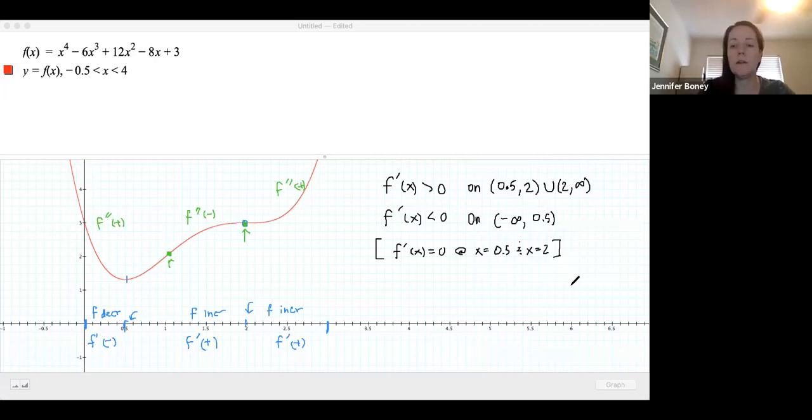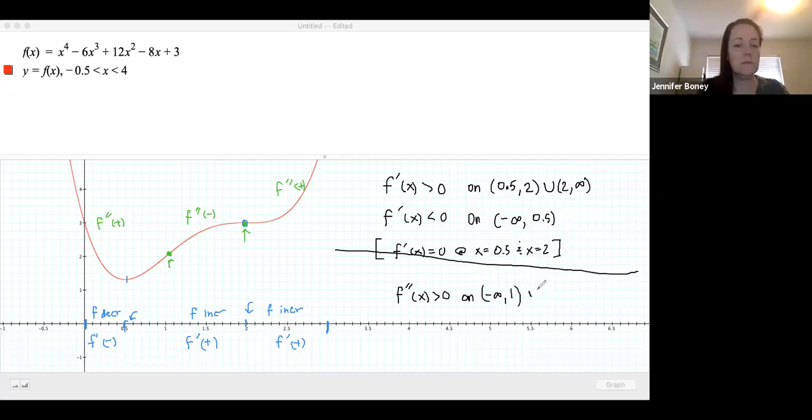Now, if I wanted to talk about the second derivative, visually speaking, it is about curvature. So let's see, I wrote positive. So where is it positive? Where this is curved up, the whole left side of the graph and this right side of the graph, not the middle section. So it's curved up on negative infinity through this point, which was at 1.